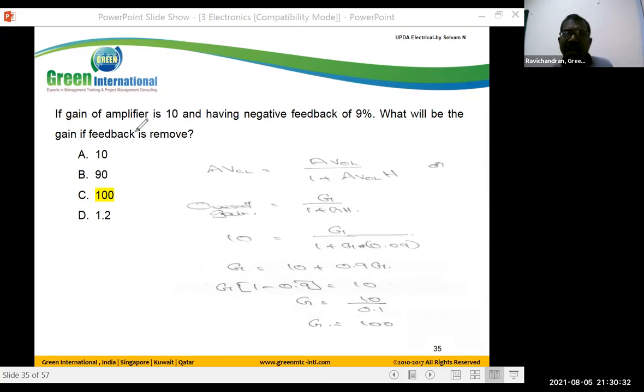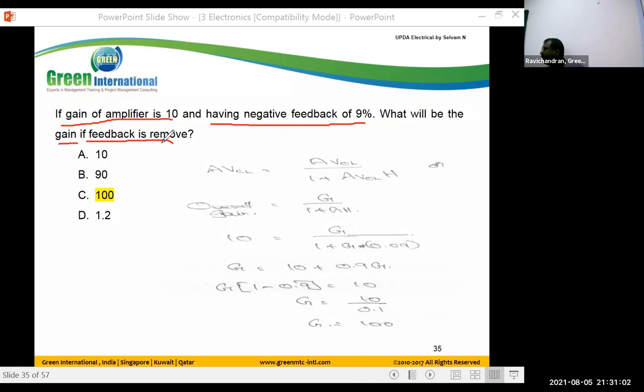If the gain of an amplifier is 10, having negative feedback 9%, what will be the gain if the feedback is removed? So that means we need to find the gain. But we know two gains: the open loop gain and the closed loop gain.